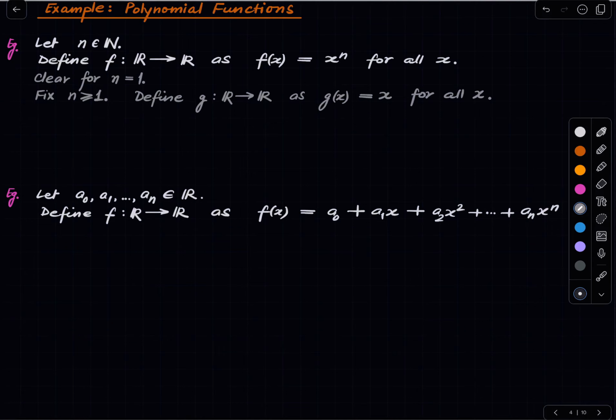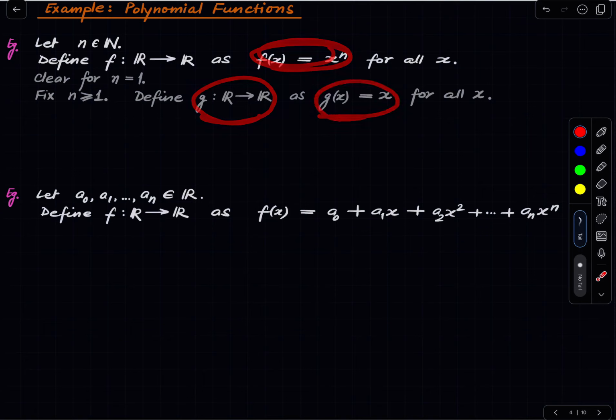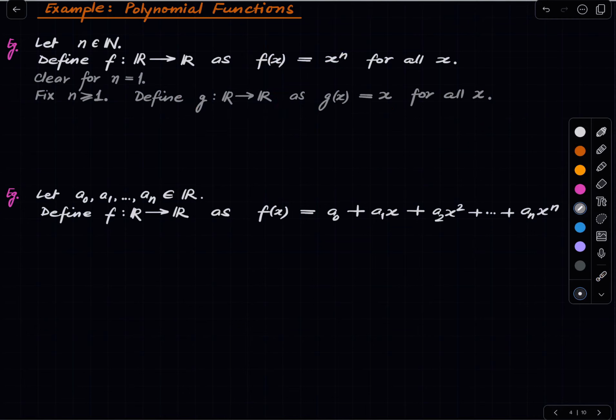So f is defined via this, and we define our own function g via this recipe. So g is clearly continuous because it is, of course, the identity function, or you could say it corresponds to the n equals 1 case. So g is the identity function and hence continuous everywhere. But what is fg?